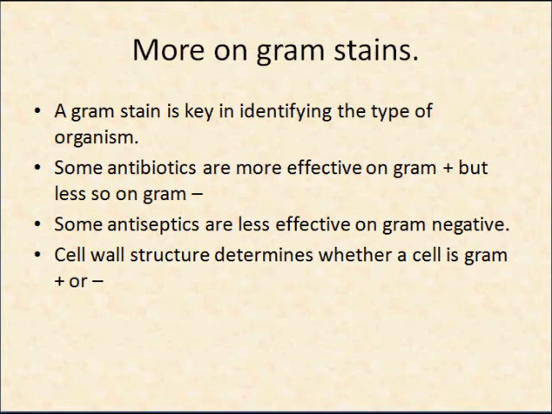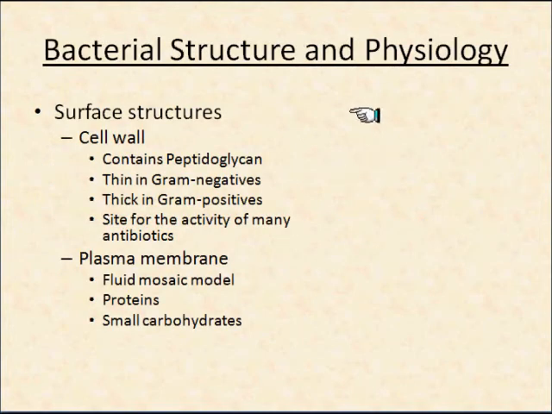If we look at these characteristics, what we see is on the surface of cells, we have a cell wall. Not all microorganisms, but the ones that we're talking about right now, there is a cell wall which contains peptidoglycan in different amounts. It is a relatively thin layer in gram-negative microorganisms. It's relatively thick in gram-positives.